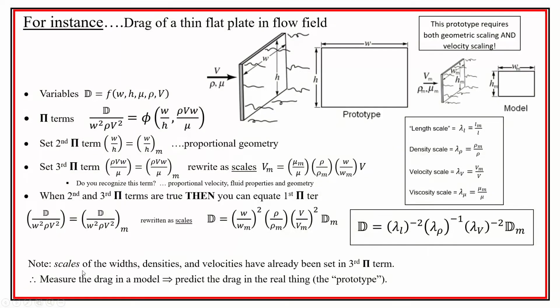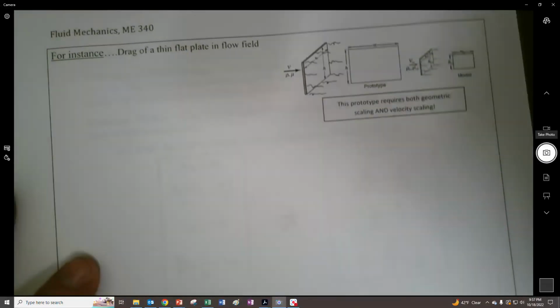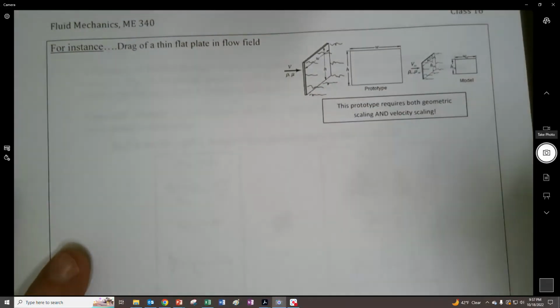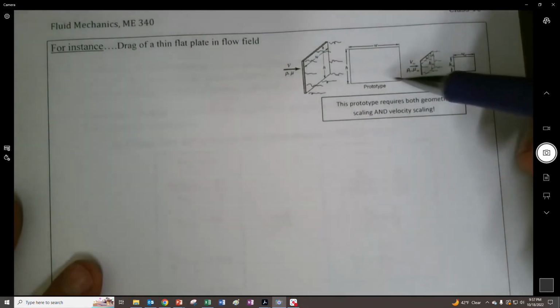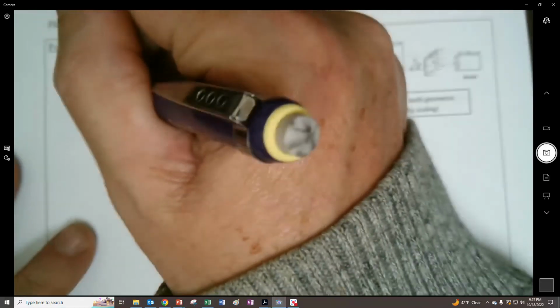Okay, so let me go through this big mess one thing at a time. So here is sort of the big idea. We're using a typical drag situation, and drag is a pretty common thing.